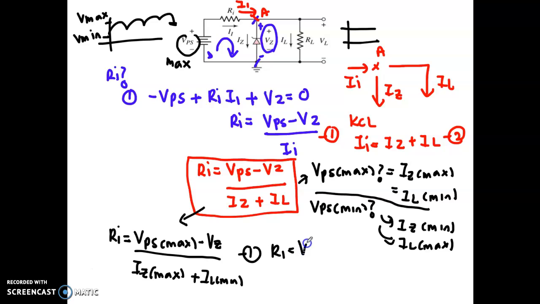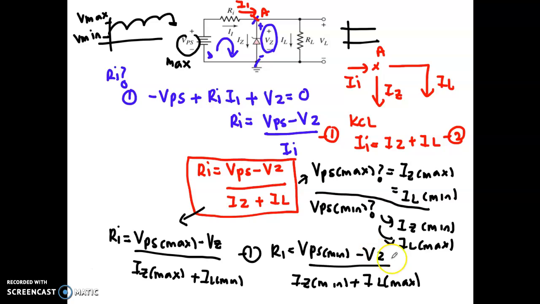Equation 2: what will happen when your Vps equals minimum? Your Vz is a constant, divided by your Iz, which will be minimum, and your IL will be maximum. So your Iz will always follow your Vps. With these two equations, depending on the question, if it gives any value, you can plug into both of the formulas.